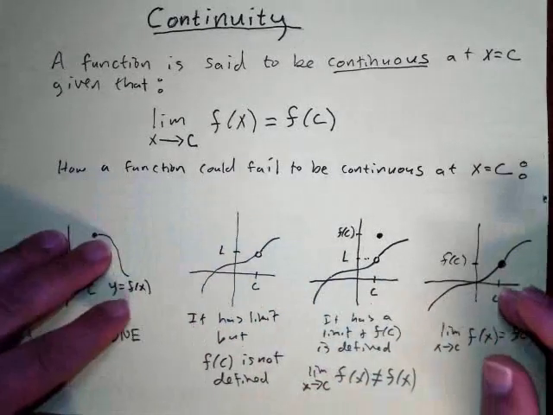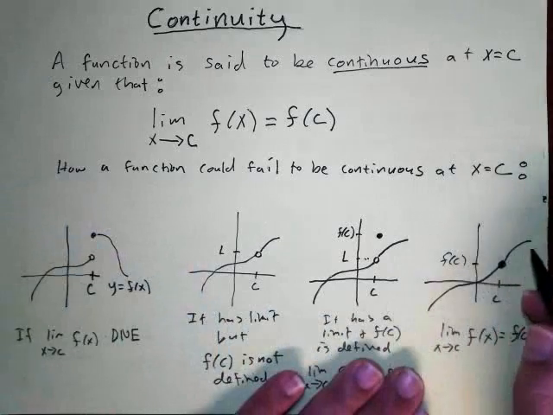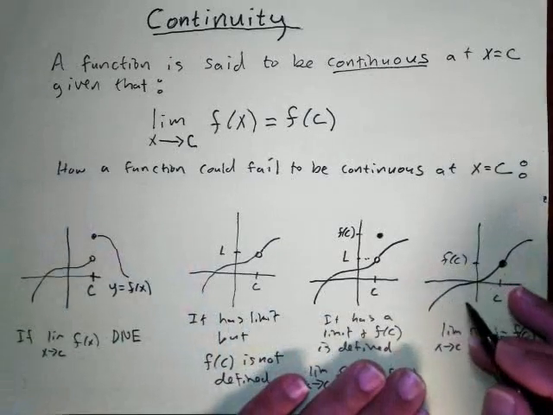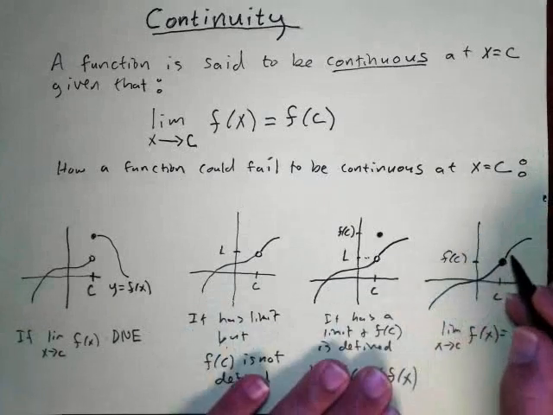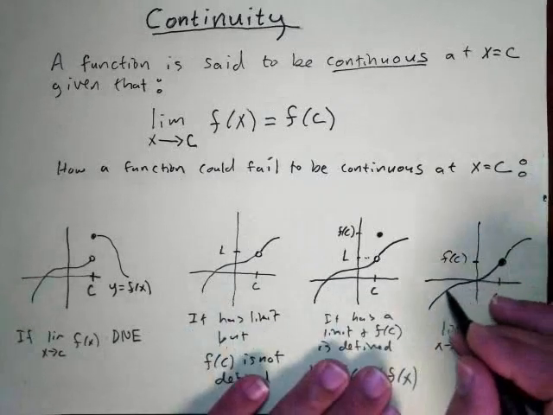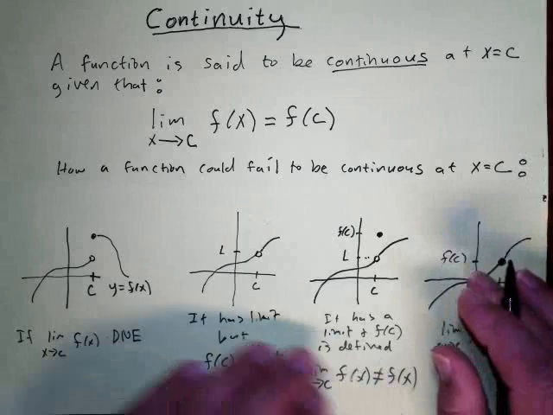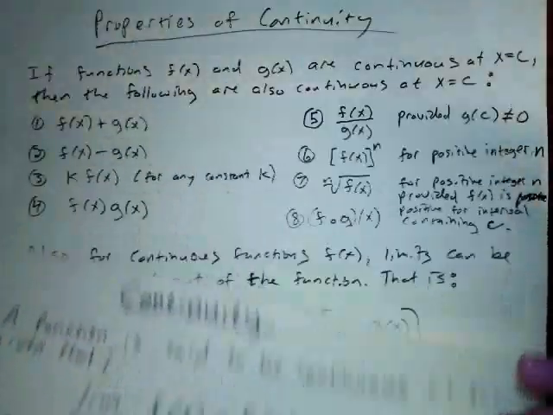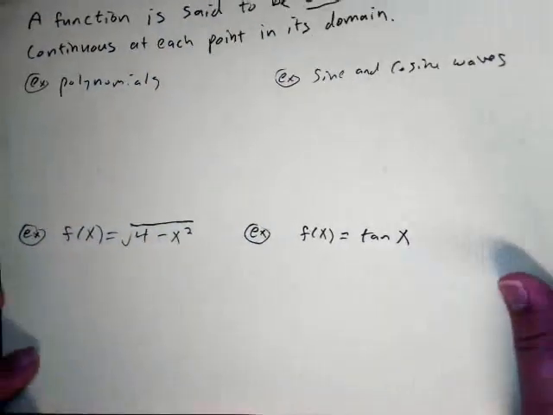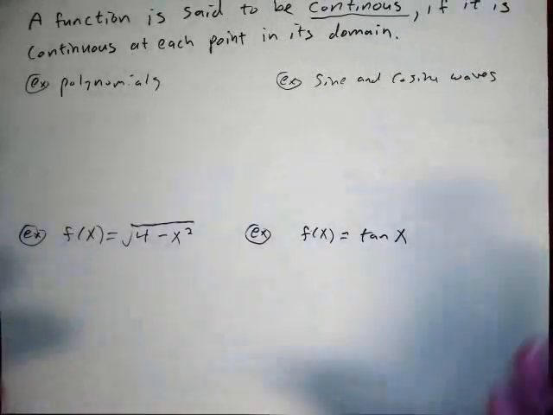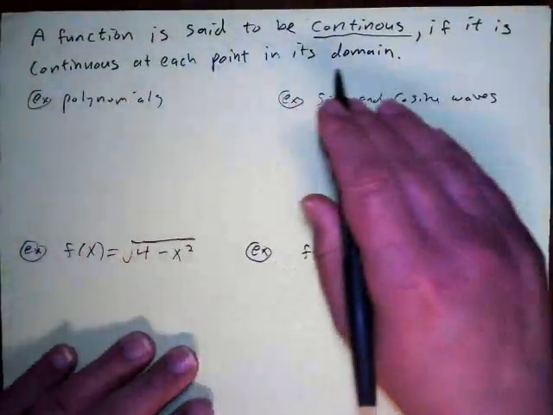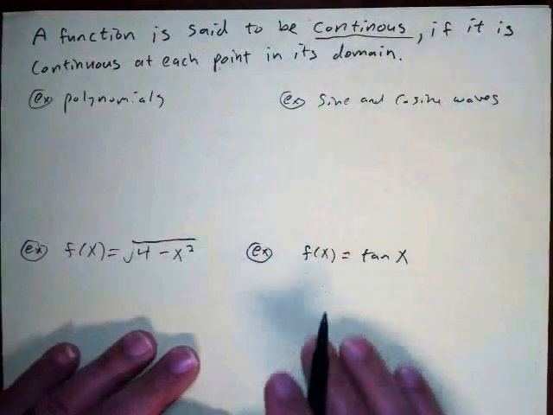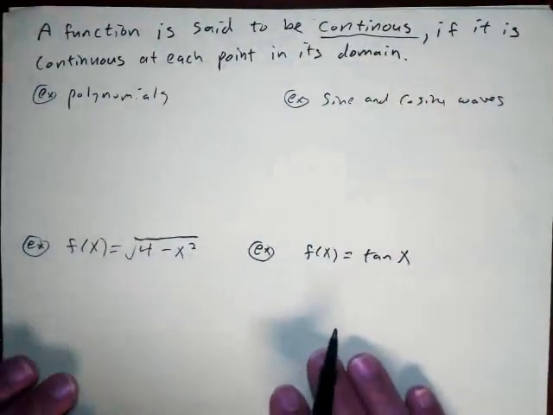But in general, if the entire function is continuous, then what it means is that the function is continuous at every point in its domain. Okay, so all the points in the domain are continuous. So you actually define continuity for a given point, but when you say that a function is continuous, then it means that it's continuous at each point in its domain.